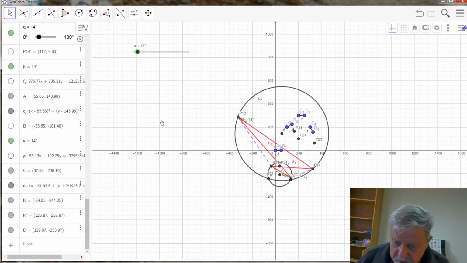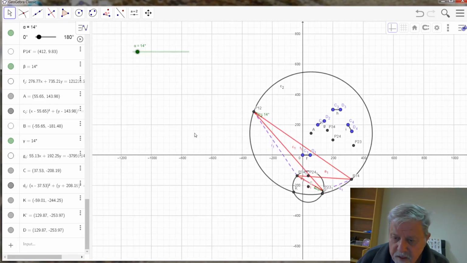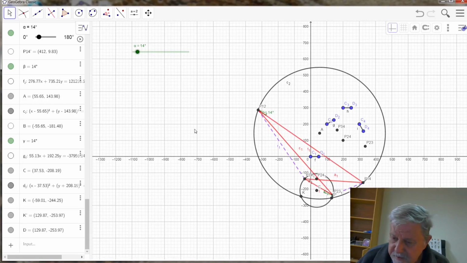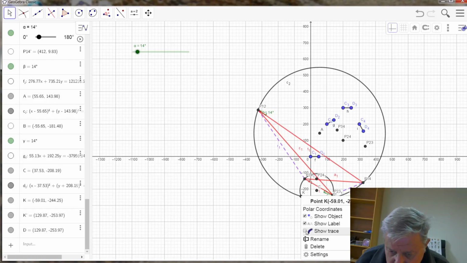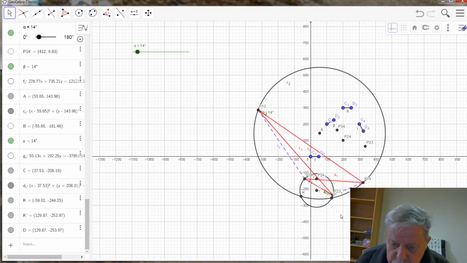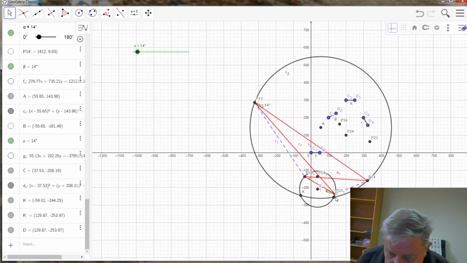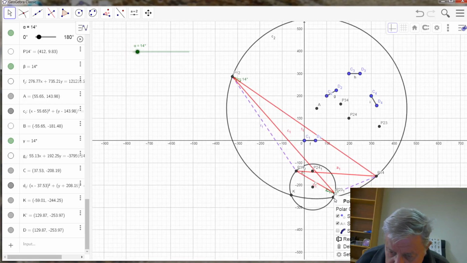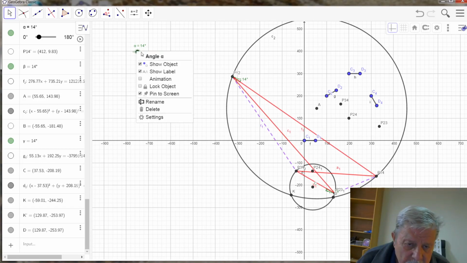Take my word, if you had to do this with a ruler, a pencil and a protractor, it is a really hell of a time. What I will do is show trace.